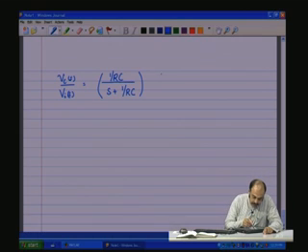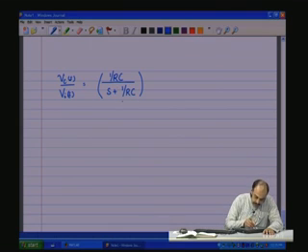It has a numerator polynomial, there is no S term in the numerator polynomial, so there are no zeros. There is in the denominator polynomial an S term, that is, there is S to the power of 1.